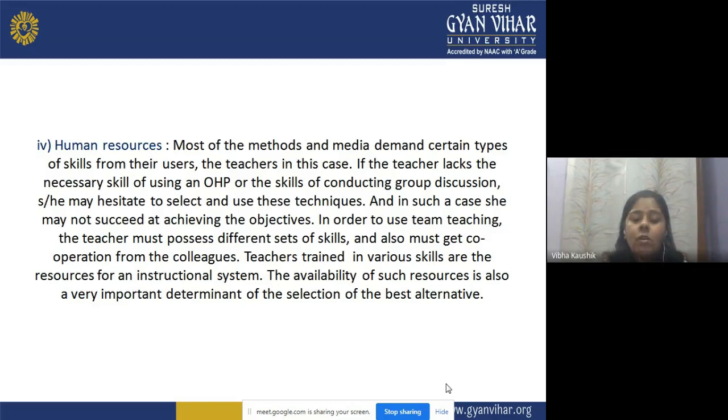But if I do not get the cooperation of my colleagues, then team teaching cannot be successful. Teachers trained in various skills are the resources for an instructional system. The availability of such resources is also a very important determinant in the selection of the best alternative.